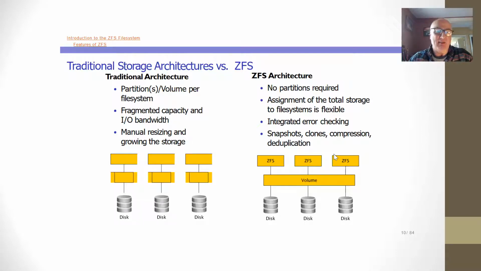So ZFS is really interesting because it's one of these things that it's a service that pools storage arrays. So if you look at the traditional architecture where we have partitioned volumes per file system, we have fragmented capacity and I/O bandwidth, manual resizing, and growing storage.